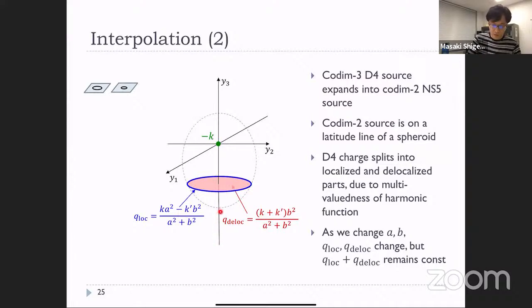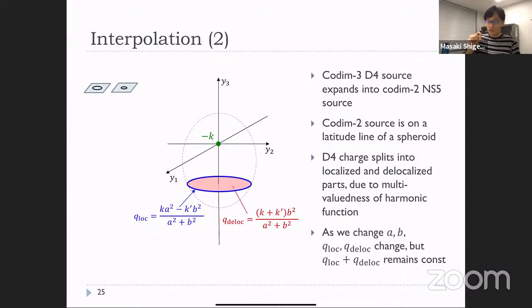And the D4 brane charge that was here has now split into localized and delocalized parts because of the multi-valuedness of the harmonic function. So you have this Gaussian surface on this disk cut, and from there you get this delocalized charge, and you also have localized charge.